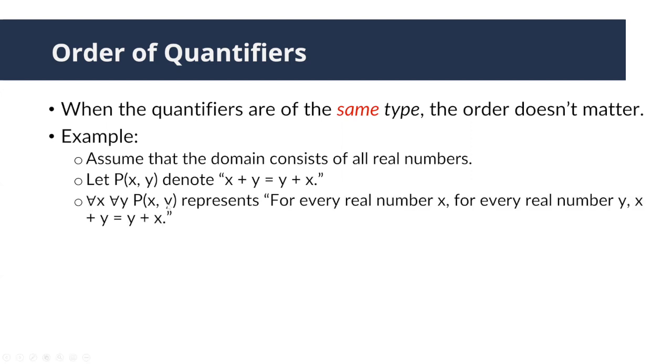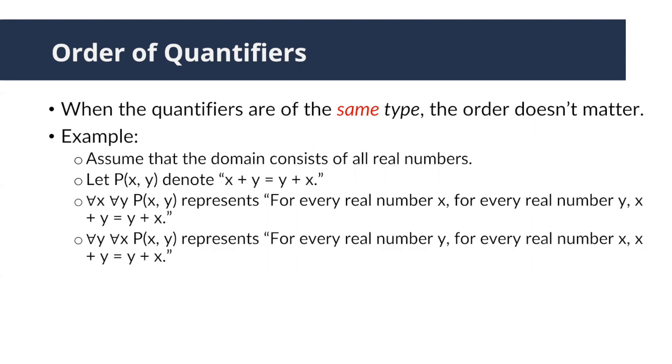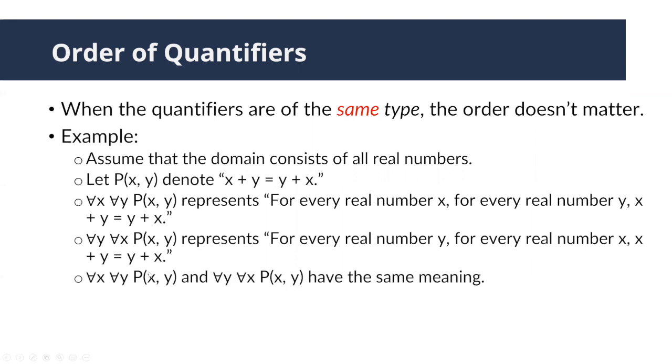This logical expression represents for every real number x, for every real number y, x plus y equals y plus x. And if you swap the order of these two quantifiers, it becomes for every real number y, for every real number x, x plus y equals y plus x. And you can see these two have the same meaning.